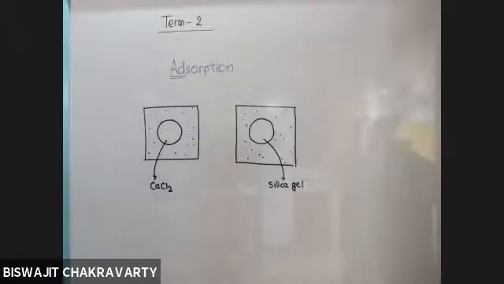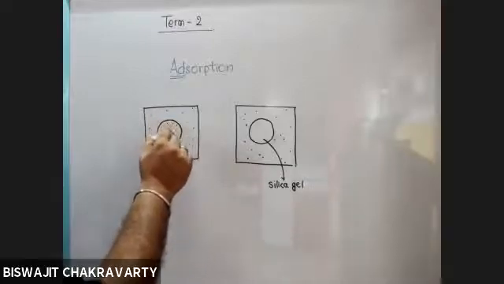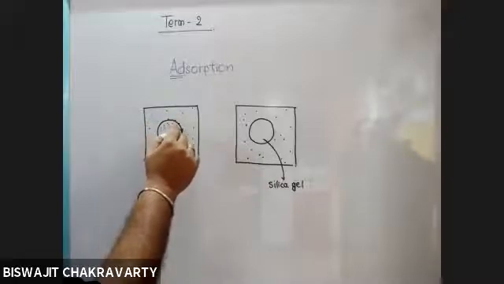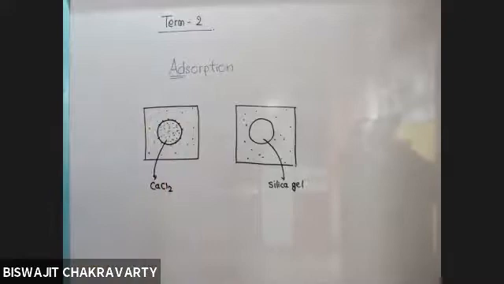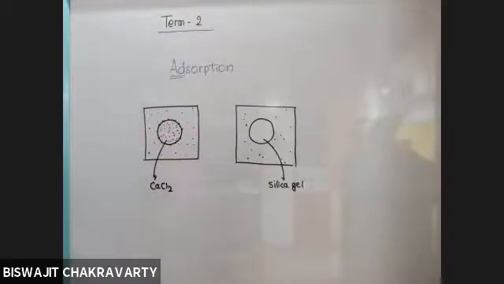It is observed in the calcium chloride container that water gets uniformly distributed both in the bulk of calcium chloride as well as on the surface. Bulk means inside portion.